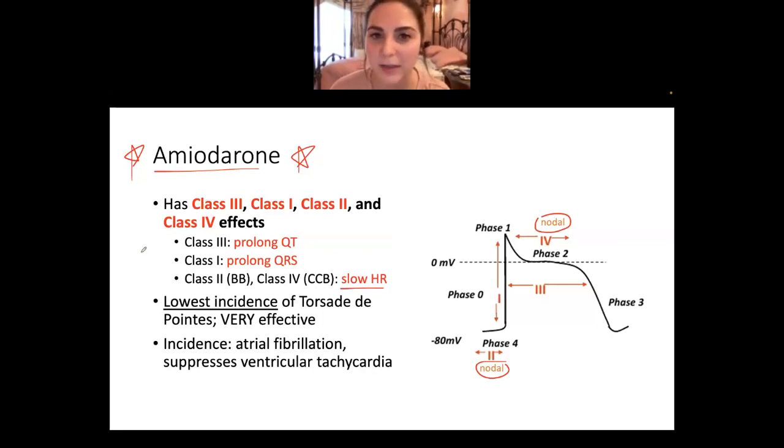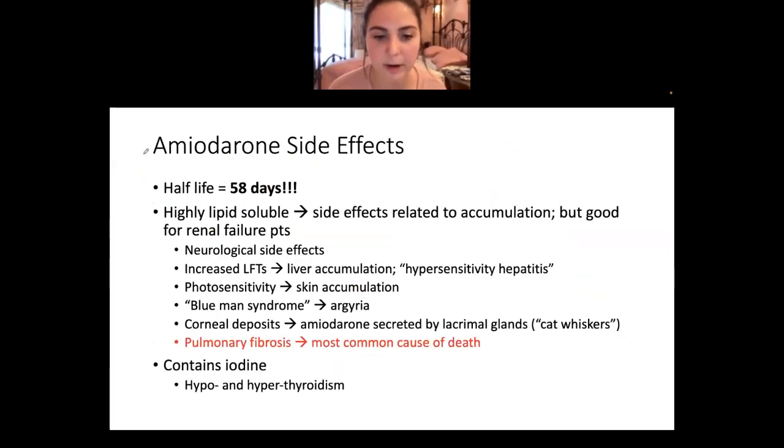Amiodarone is like that drug that they can just give and they don't have to worry about torsade. So it's super effective because it's affecting literally every single phase of this action potential. It's affecting this action potential as well, which we'll talk about next, the nodal cell action potential. It's affecting all of these action potentials. And there's a low risk of torsade. Sounds fantastic. So again, you can give it for AFib, you can give it for a VTach, you can give it for any of the arrhythmias we've talked about.